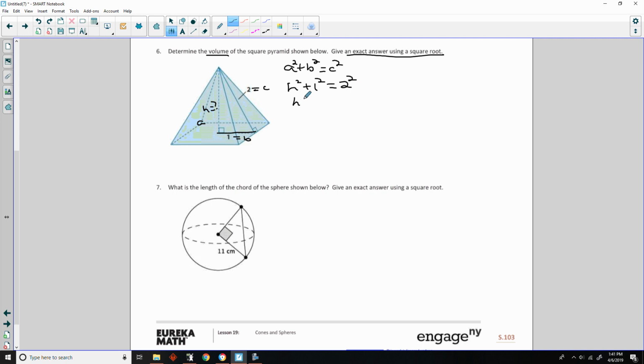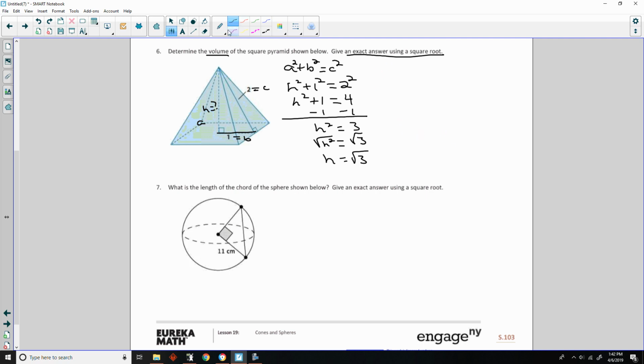So H squared, 1 squared is 1, 2 squared is 4. So subtract 1 from both sides to solve for H, and I get H squared equals 3. If I take the square root of H squared and the square root of 3, then I get H equals the square root of 3. Okay, so I just found my height.